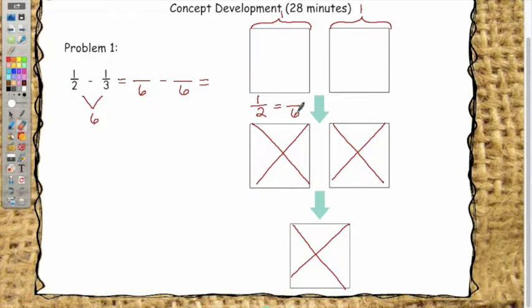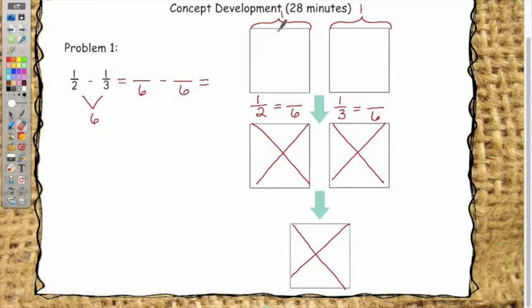Good. So get this much written down before you draw anything. 1/2 equals blank sixths, and 1/3 equals blank sixths. And if you don't have enough room, you can just write it somewhere else. So then, I'm writing it at the bottom. Okay, that's fine.